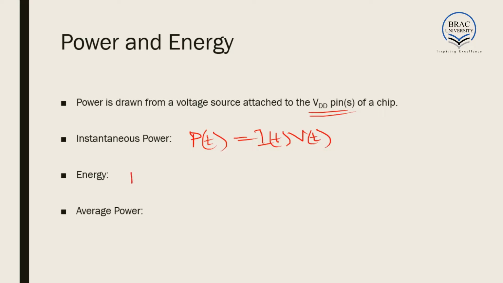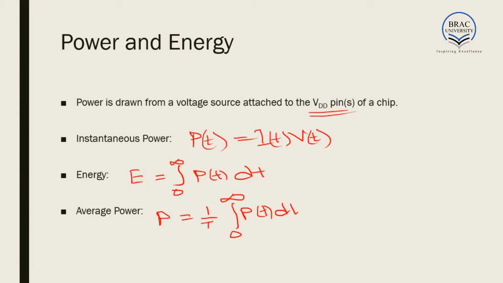Again, we have energy. E is equal to the integration from 0 to infinity of p(t) dt. And we have average power. Average power P is equal to 1 by T times the integration from 0 to infinity of p(t) dt.